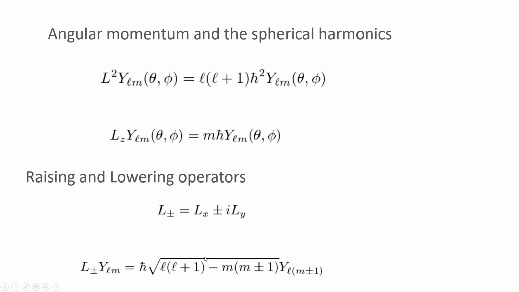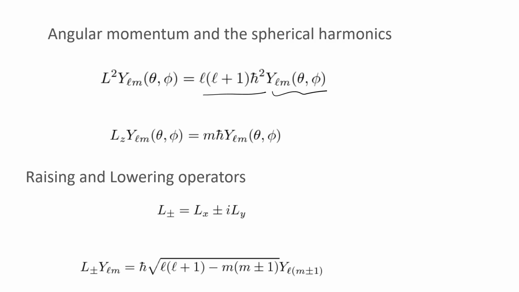That is not important. What is important for us is that L square acting on Ylm gives you l into l plus 1 h cross square and returns the Ylm function. So the Ylm functions, or the spherical harmonics, are nothing but eigenstates of the L square and Lz operators, and we have chosen it that way.